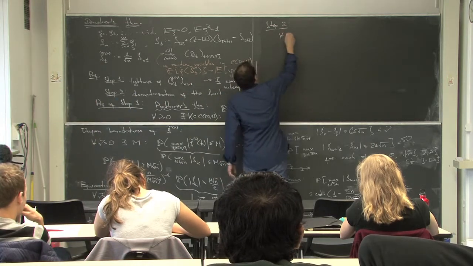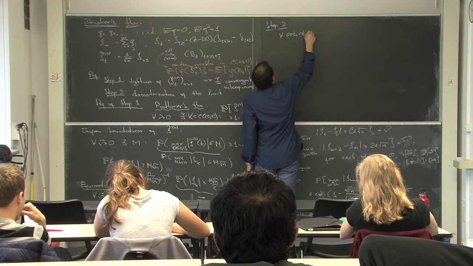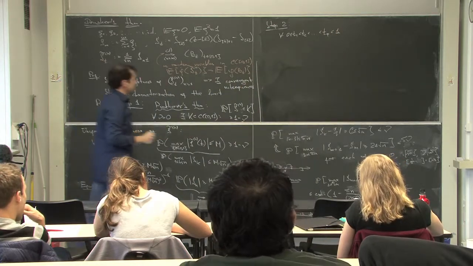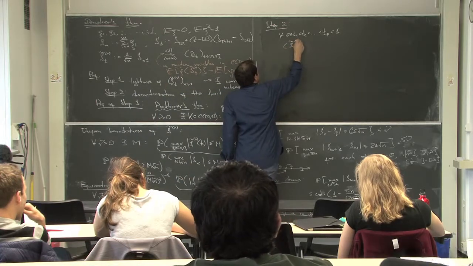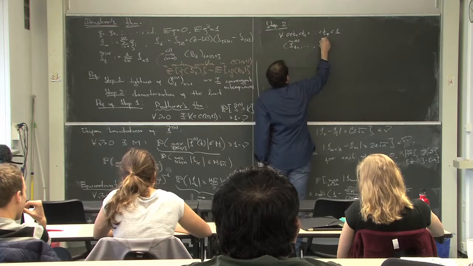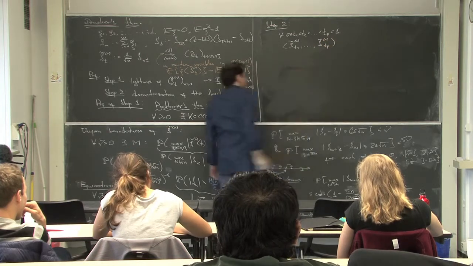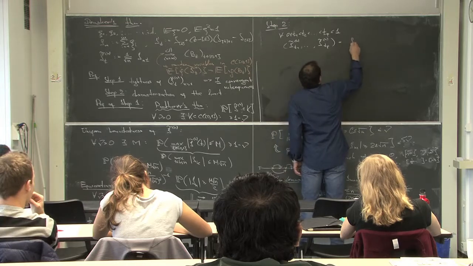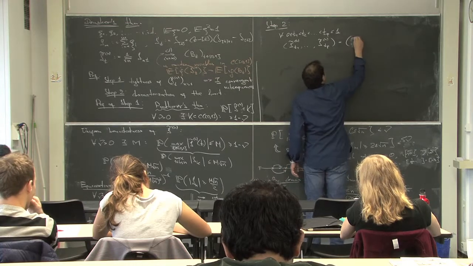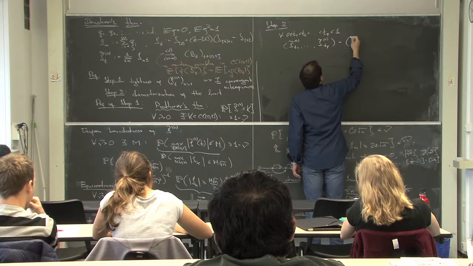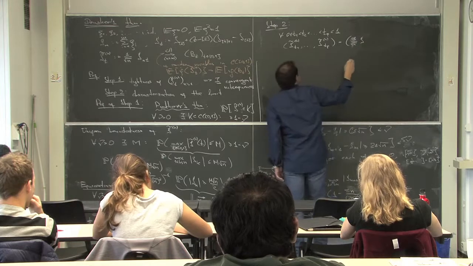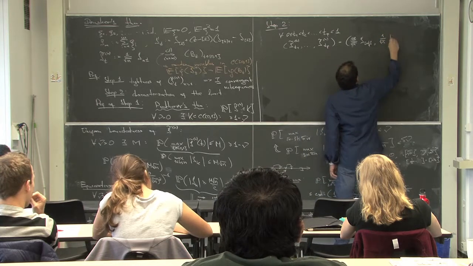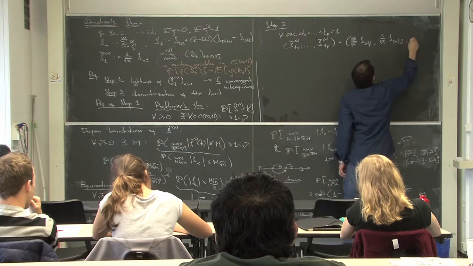So for any given times, let us think what is the limit of, what is the joint distribution of these values. Roughly, this is just the distribution of 1 over square root of n S at t1, 1 over square root of n S at t2, etc.